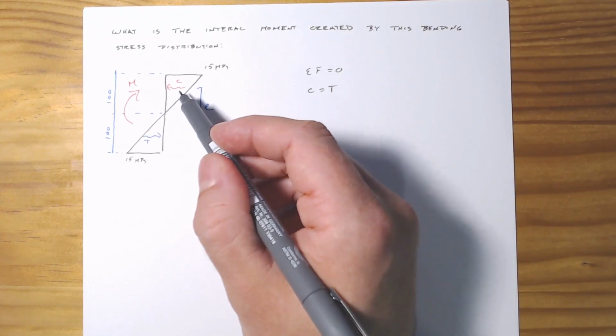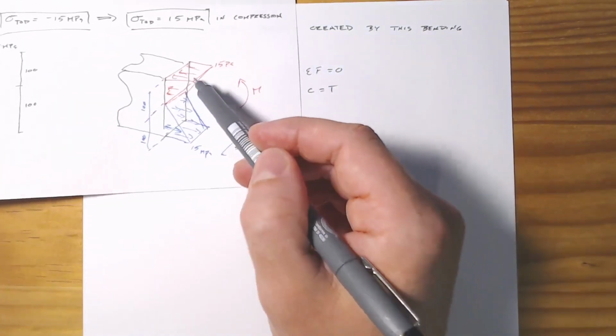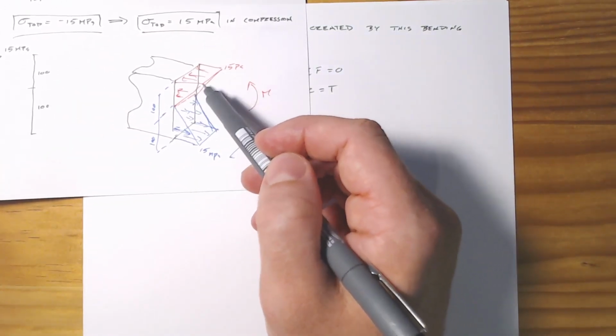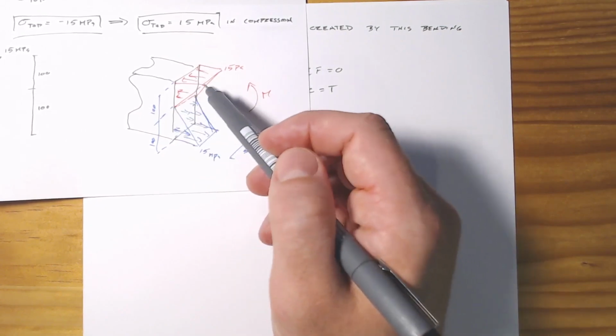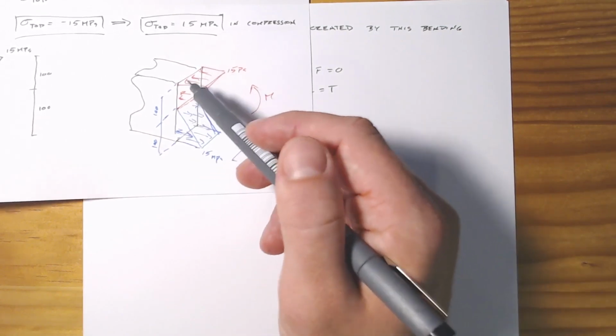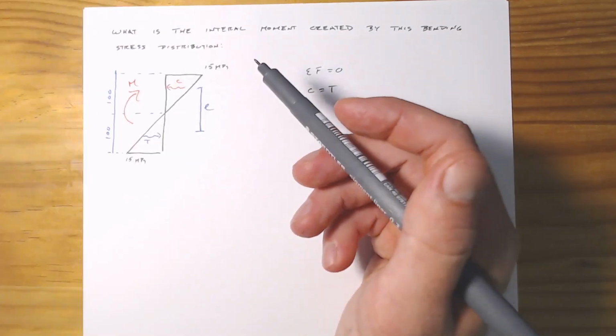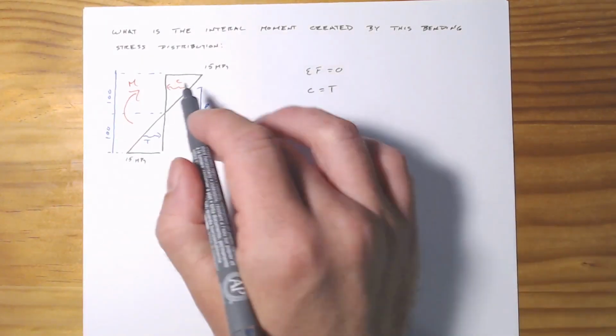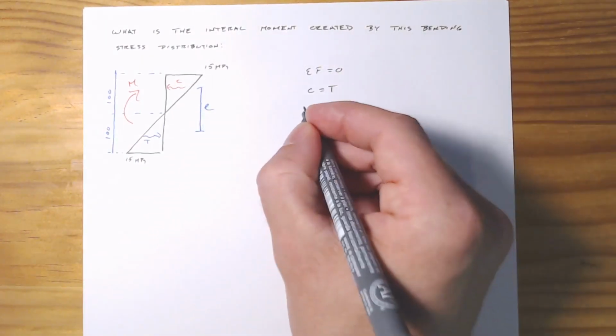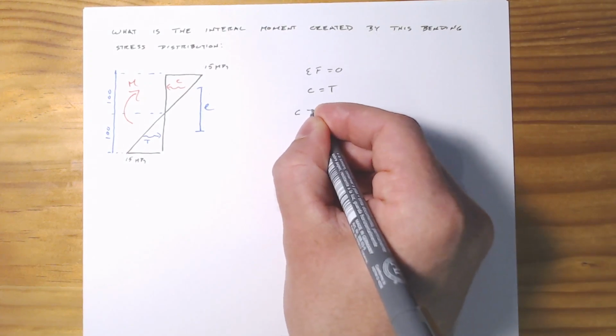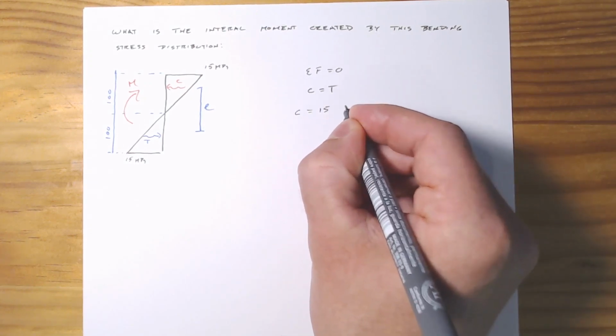Well, like any resultant, we've got some stress acting over a cross-section, so you can think of it like a volume of stress, which we'll take down to a point load. And we know that its maximum is going to be equal to 15 megapascal.